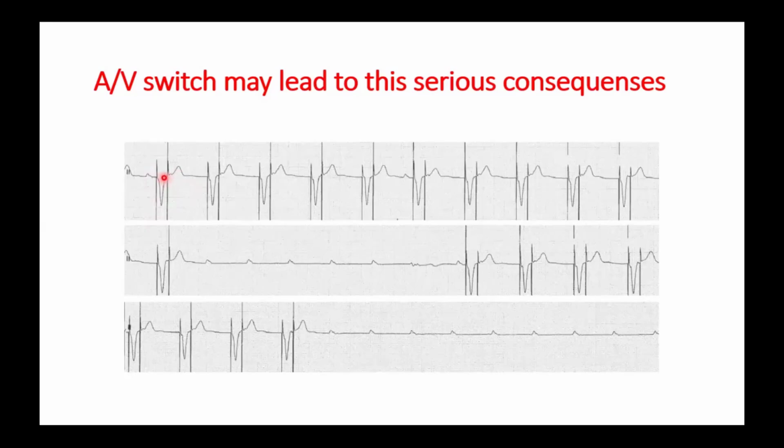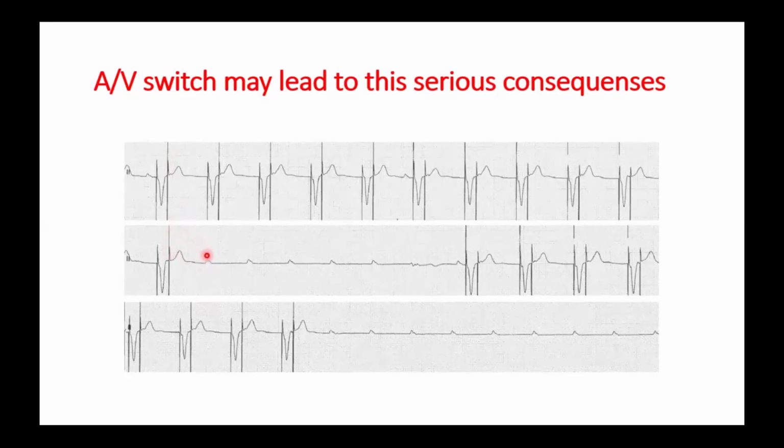So the second spike is the atrial spike, because this is the lead which is placed into the ventricular port. Exactly. What happens here is that the sensing of the ventricular lead, which is placed in the atrial port, has sensed the P wave.